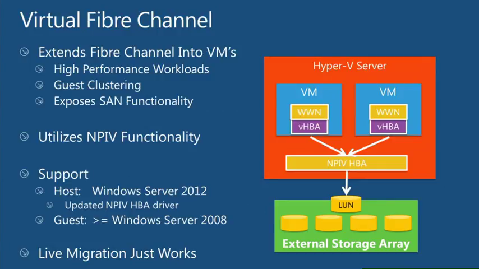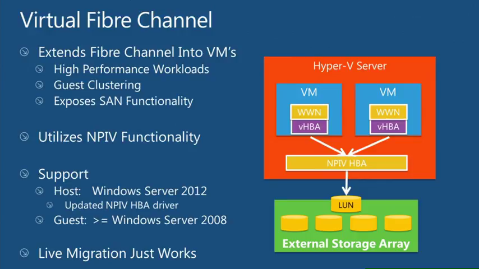How do we enable this particular technology? We use an industry standard called N-port I/O virtualization, NPIV. It's been around for a while. What this allows is taking an HBA and splitting it up into virtual functions. Each of these virtual functions is manifested into the guest as a virtual HBA, right?